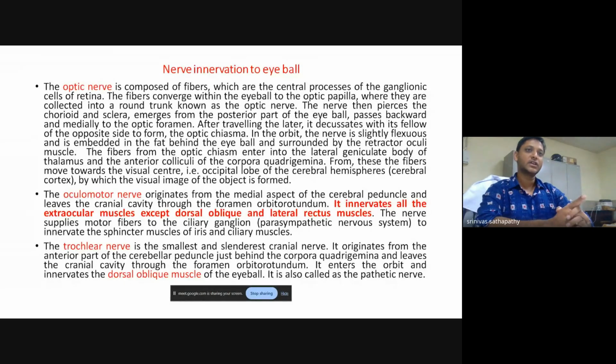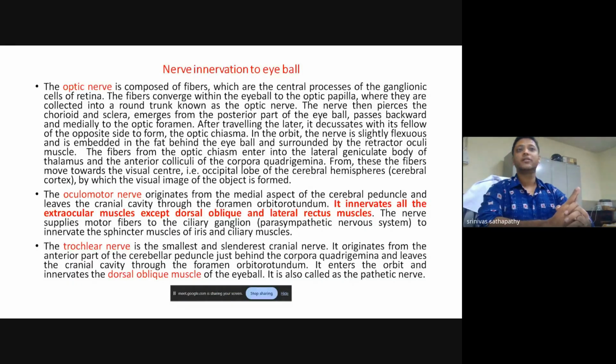Next one is the oculomotor nerve. As the name indicates, it is a motor nerve. It innervates all the extraocular muscles. There are 4 straight muscles or rectus muscles, 2 oblique muscles, and 1 retractor bulbi muscle. It innervates all the extraocular muscles except the dorsal oblique and lateral rectus muscles.